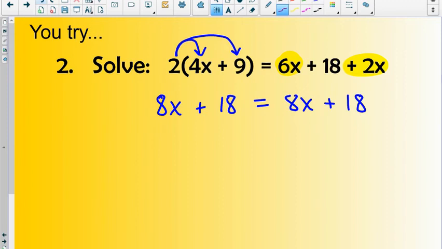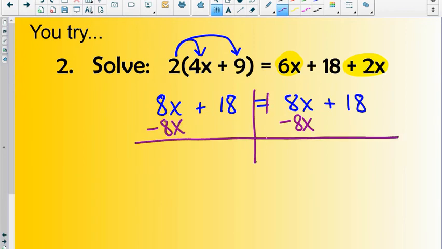So in either case, I'm going to need to subtract 8x to undo the positive 8x, to basically turn it into 0. But I have to do the same thing to both sides of the equation to keep it balanced. So I subtract 8x on the left and the right. And if I simplify what's left, 8x minus 8x is 0, and 0 plus 18 is 18. On the right-hand side, 8x minus 8x is 0, and 0 plus 18 is 18.